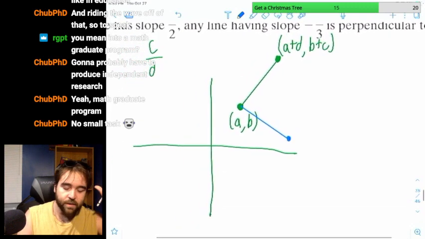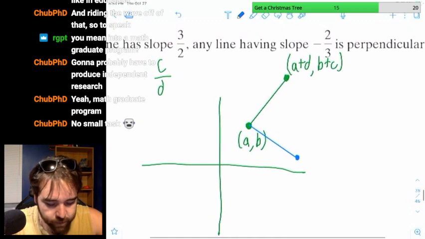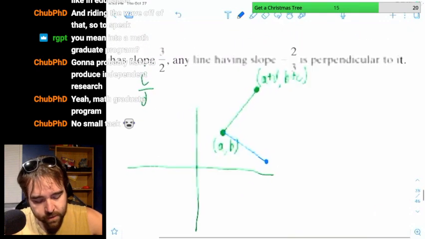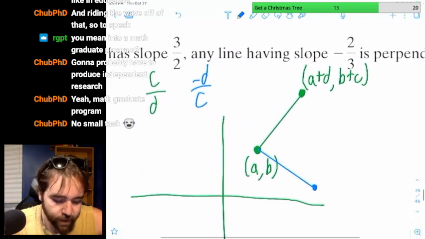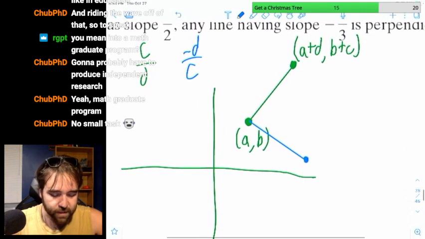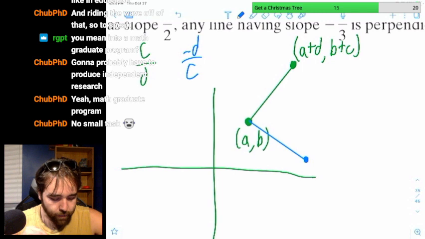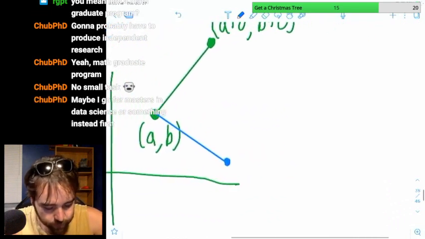We don't know that that's a 90-degree angle. What we do know is using the other slope, negative D over C. So we're just going to create this new slope that's negative D over C, and we're going to use that to draw a new point. So what is that new point?